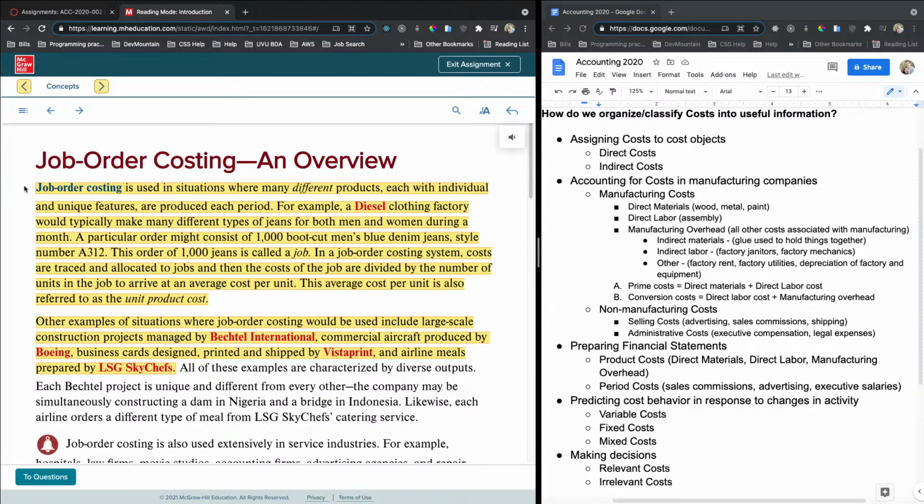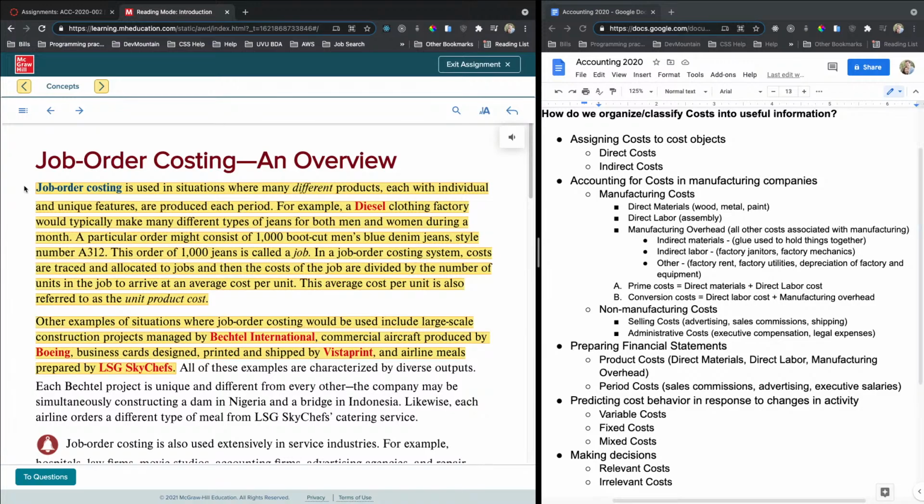A particular order might consist of 1,000 bootcut men's blue denim jeans, style number A312. This order of 1,000 jeans is called a job. In a job order costing system, costs are traced and allocated to jobs, and then the costs of the job are divided by the number of units in the job to arrive at an average cost per unit.